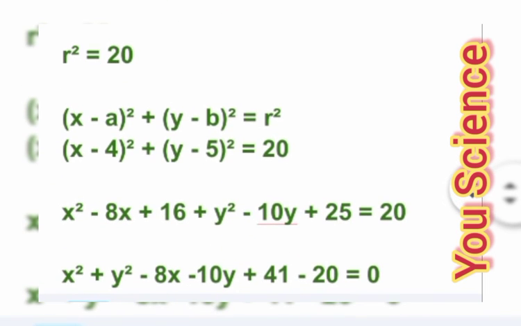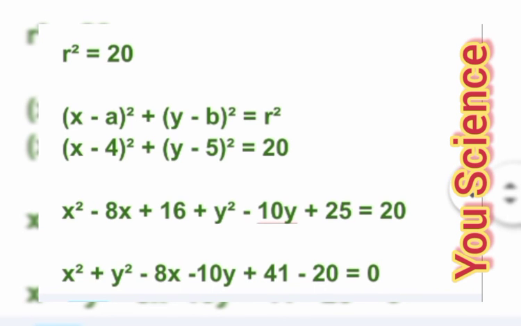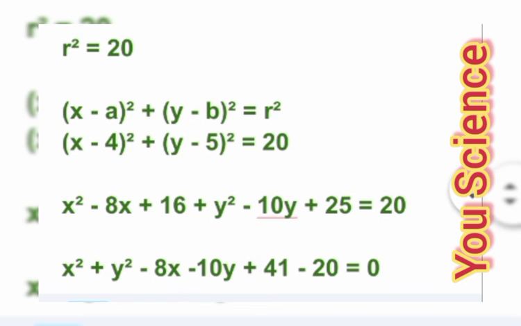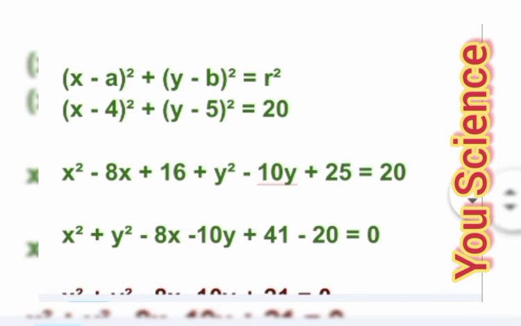By expanding the brackets, I'm going to have x squared, then 2 times x times minus 4, that will give me minus 8x, plus 4 squared, which is 16. Then I do y squared minus 2 times y times 5, that will give me minus 10y, plus 5 squared, which is 25, equals 20.